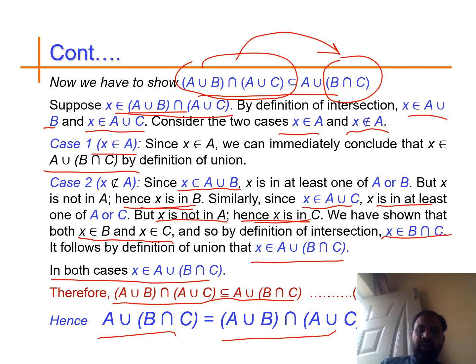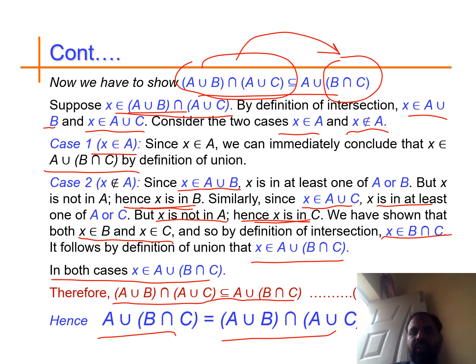Now we have to show that the right hand side is a subset of the left hand side: (A union B) intersection (A union C) is a subset of A union (B intersection C). We suppose that X belongs to (A union B) intersection (A union C). We have to show that X belongs to the other side.